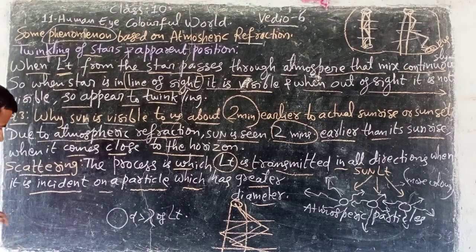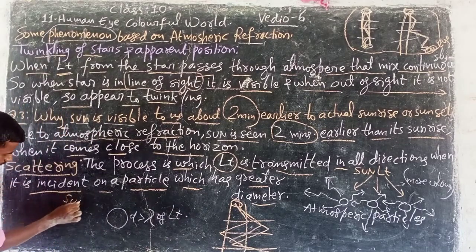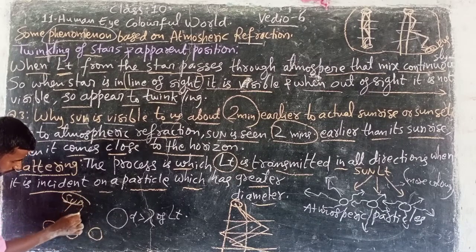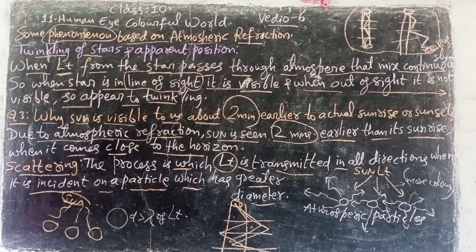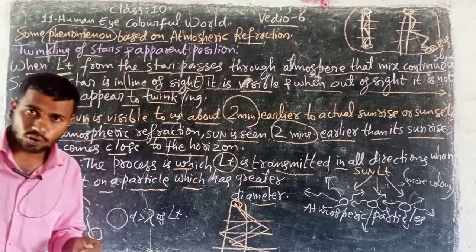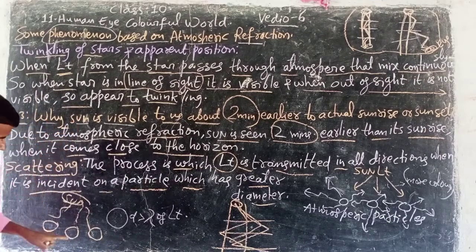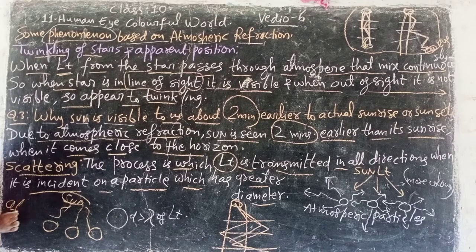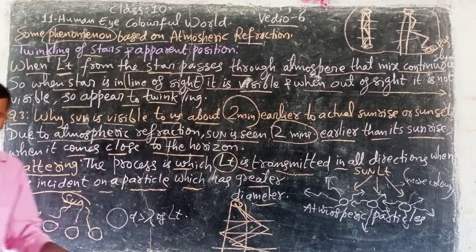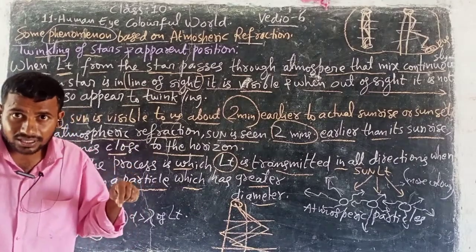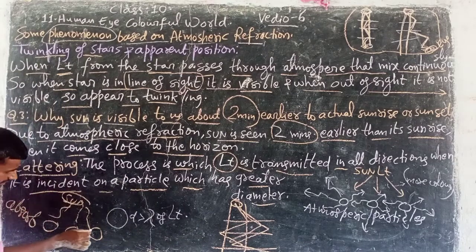For example, sunlight falling on the particles of the atmosphere. When sunlight falls on a particle of the atmosphere, the particle first absorbs all the light. Particles are first of all absorbing the light. After that, look, what are they doing?